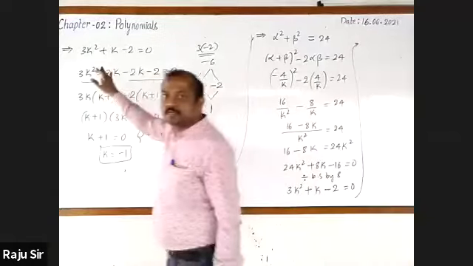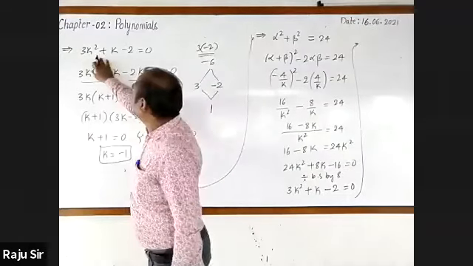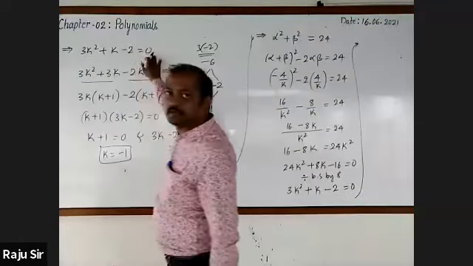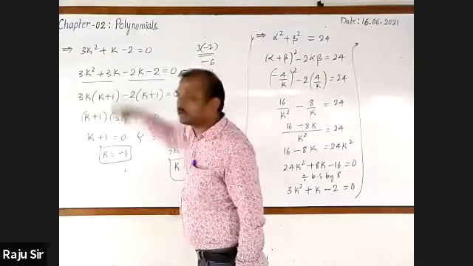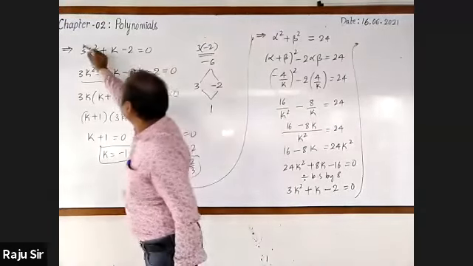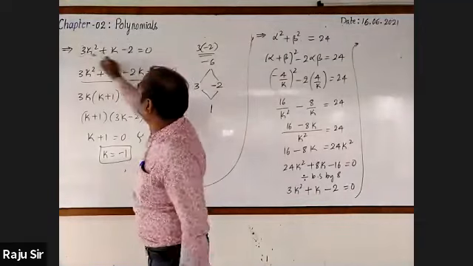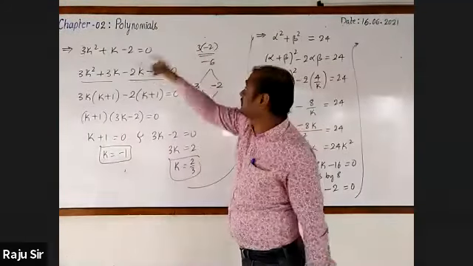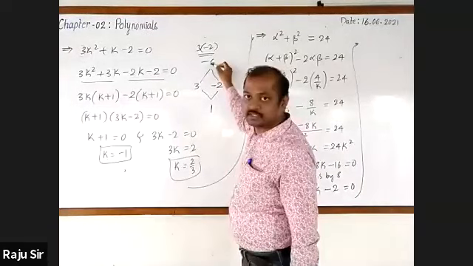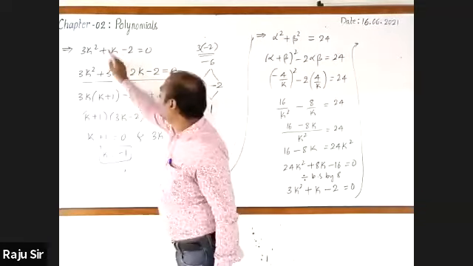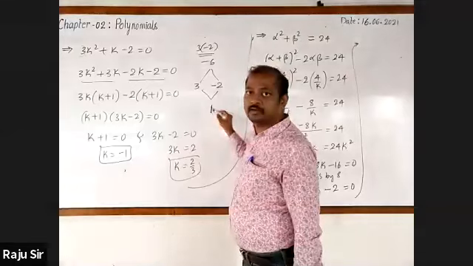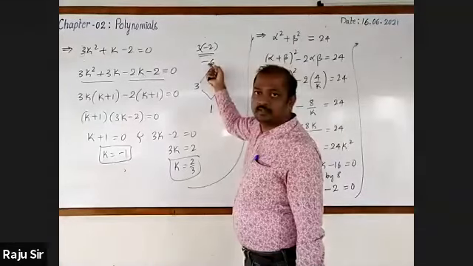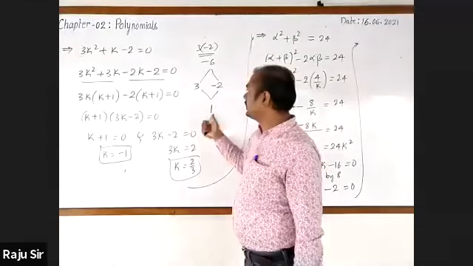Okay, anyhow, observe. 3k square plus k minus 2 equal to 0. It should be factorized. That's why we have multiplied first and last term. First term is 3, last term is minus 2. 3 into minus 2 is minus 6. Middle term is 1k, so I have written 1. We want factors of 6 such that on simplifying we should get 1.